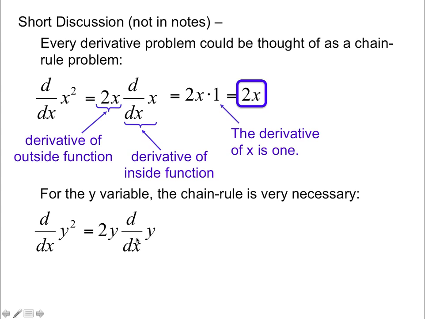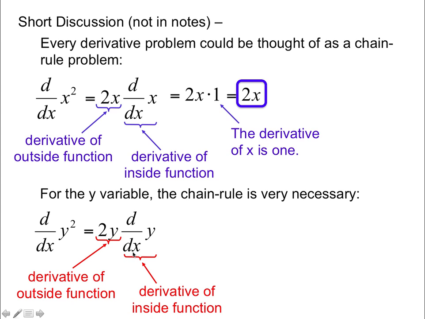So the idea is when we're taking the derivative of a variable that doesn't match up with what's in the bottom here, in other words, with respect to yet another variable, we have to have this chain rule on the end. So the outside function derivative is 2y, the inside function is dy dx, and so that derivative is just 2y dy dx.